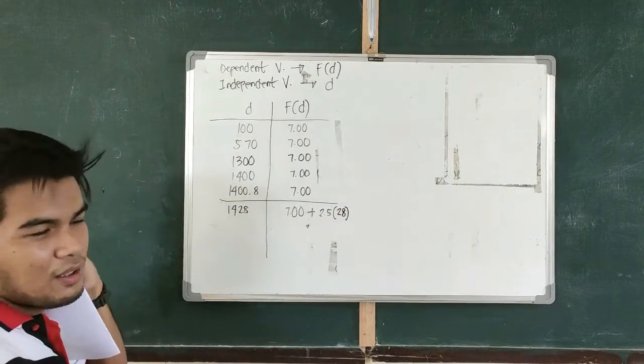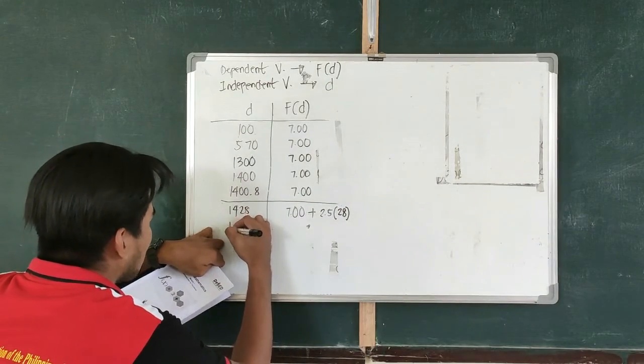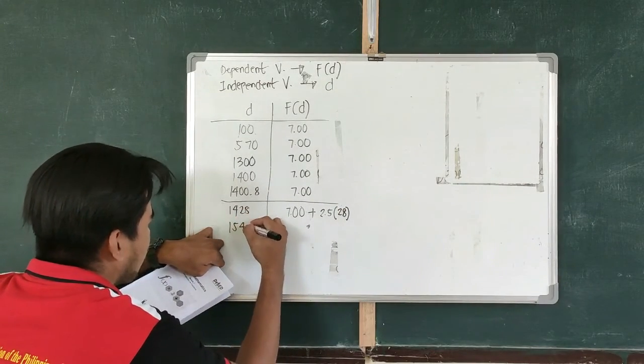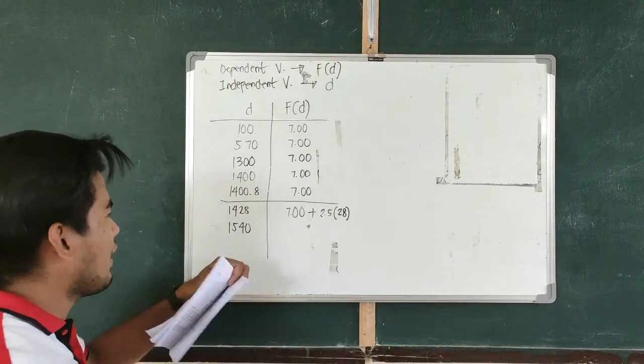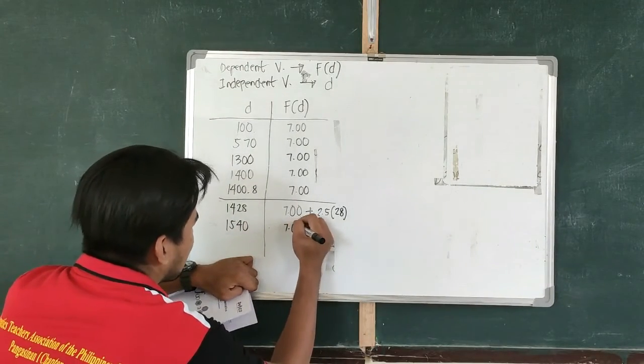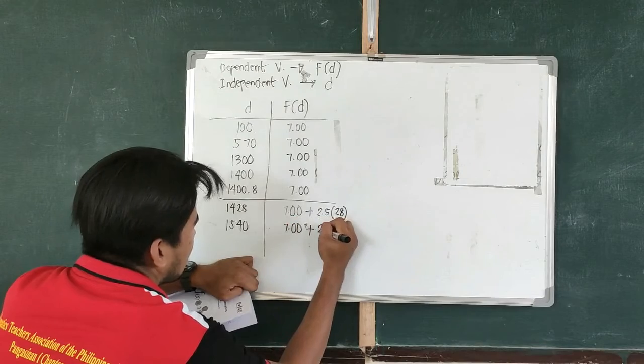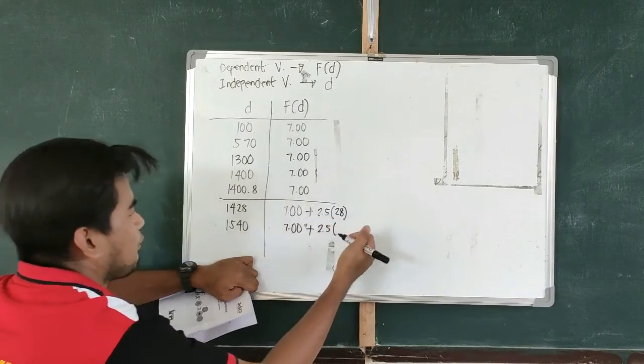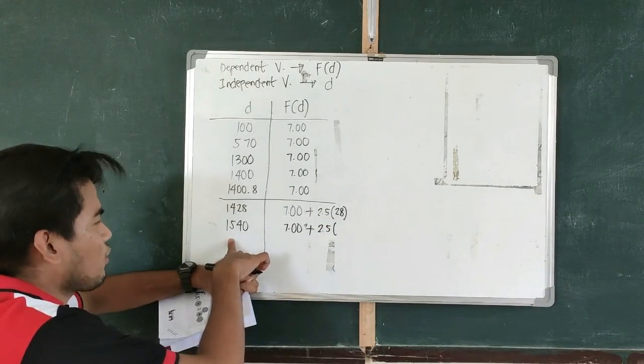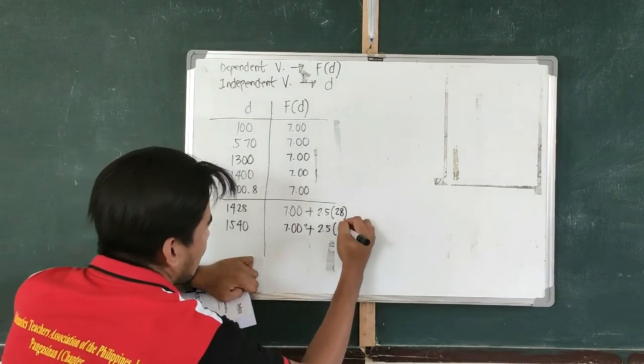Understood? Kapag 1,540, ang magiging fare na natin ay 7 pesos plus 250 times yung sumobra doon sa 1,400, which is 140.